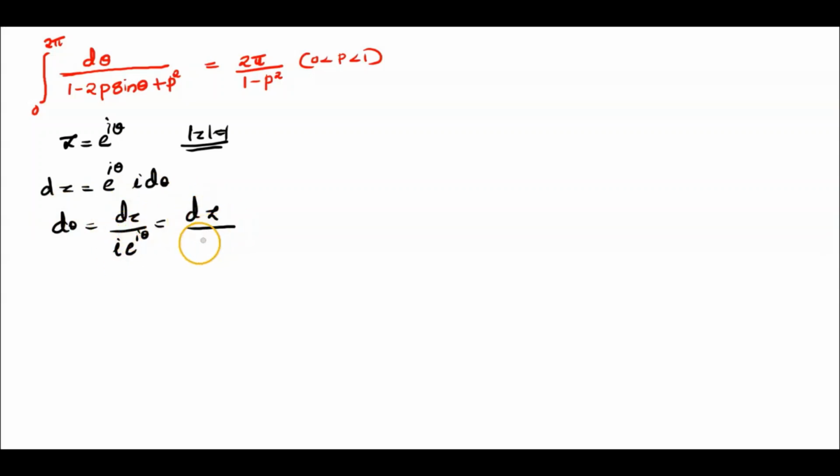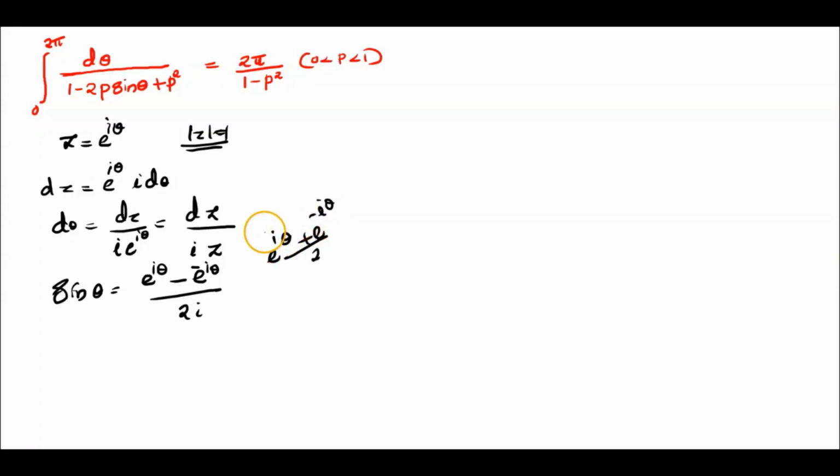That means dz divided by i z. And we also know that sin theta is equal to e raised to i theta minus e raised to minus i theta divided by 2i. If it is cos theta, we can substitute e raised to i theta plus e raised to minus i theta by 2 for cos theta. This is for sin theta.